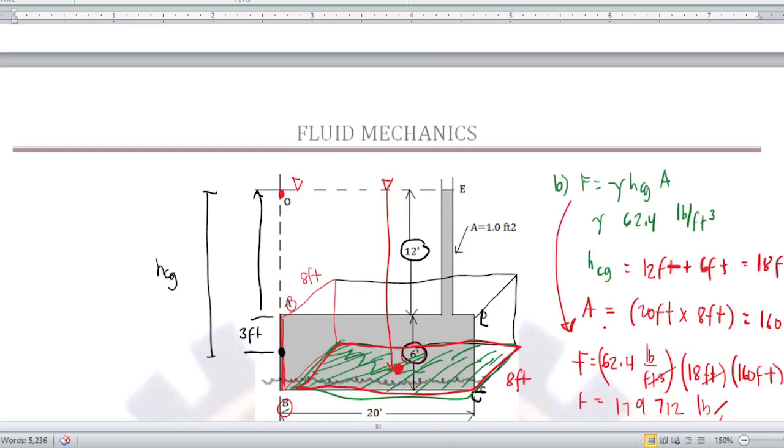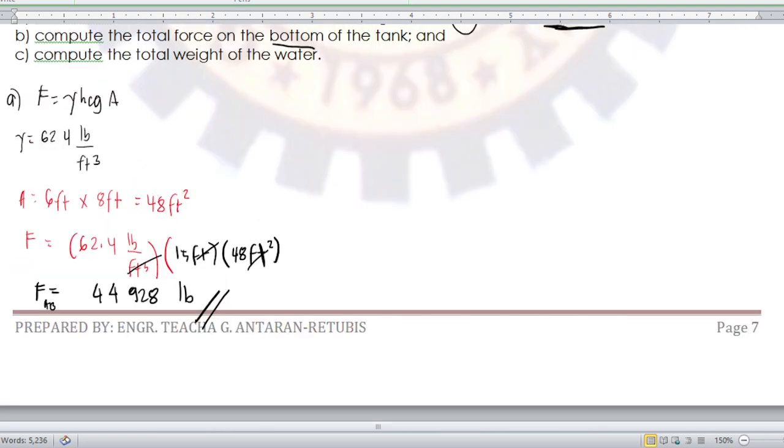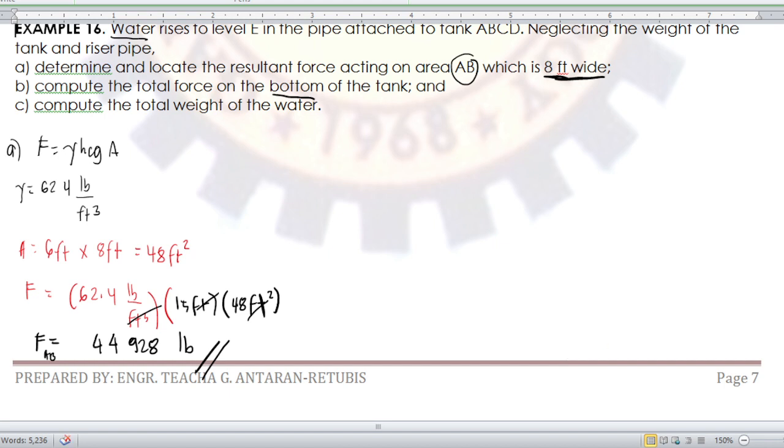For letter B only. Okay, take a screenshot. And how about for our example, letter C, by the way, letter C. Compute the total weight of the water.